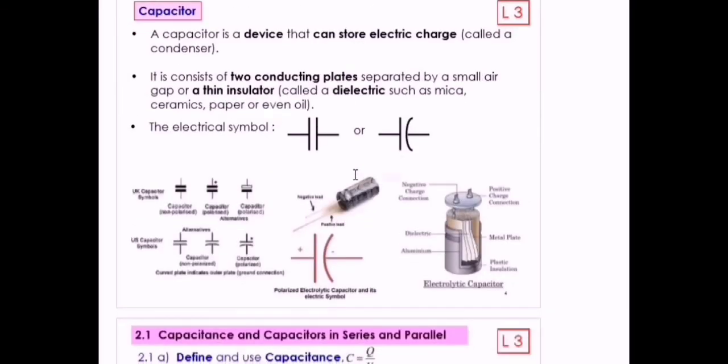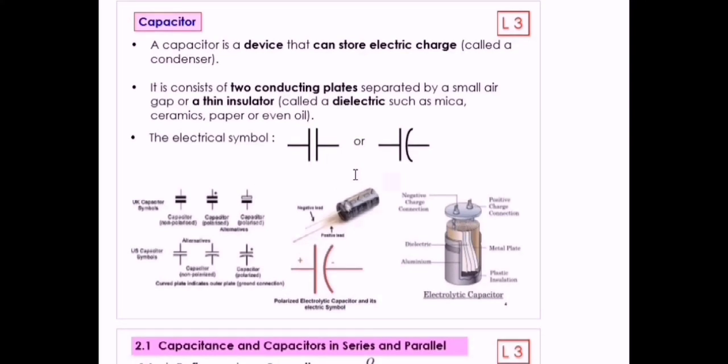But before that, what is a capacitor? A capacitor is a device that stores electric charge. A capacitor consists of 2 conducting plates. So we have 2 plates, the first one and the second one, separated by a small air gap.